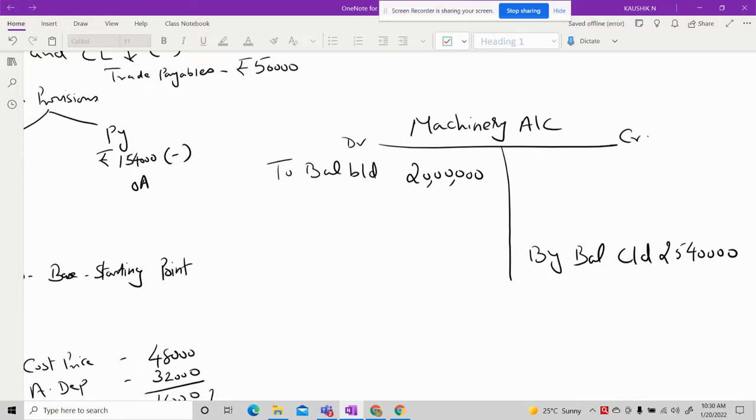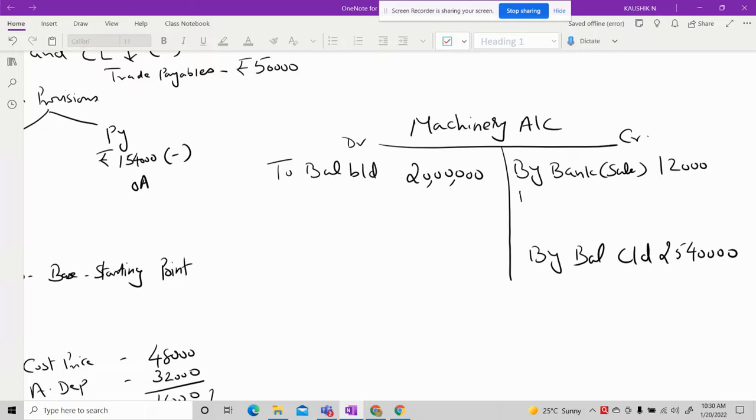And it was given in the question that the machinery was sold for an amount of rupees how much? 12,000. So sale, as you all know very well, will come on this side. So by bank, you can write it within the bracket as sale. Sale value is 12,000. And then we have encountered a loss on sale, right?